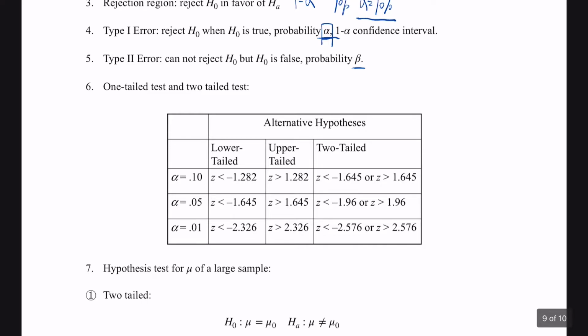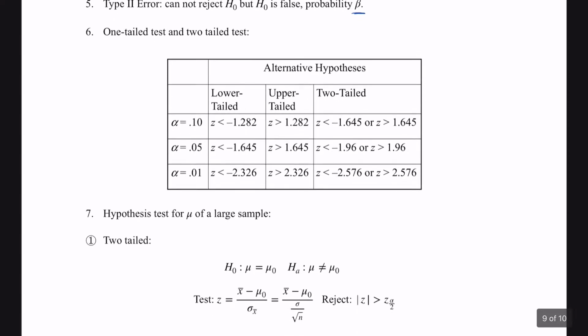And the last one is the hypothesis test for population proportion of a large sample. So for these 2 chapters, there are only these 3 types of samples that we will consider, and only 2 types of sample statistic: one is sample mean, and the other is sample proportion.